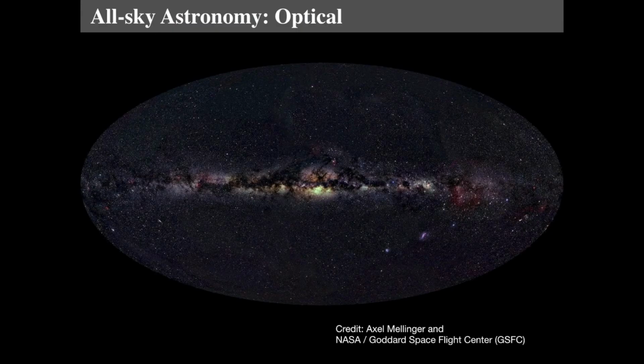All right, so the first thing we'll look at is an amazing pastiche of pictures that was put together by Axel Mellinger, and this has been preserved at the NASA Goddard Space Flight Center's LAMBDA data set, which is a place where they take all sorts of amazing images.